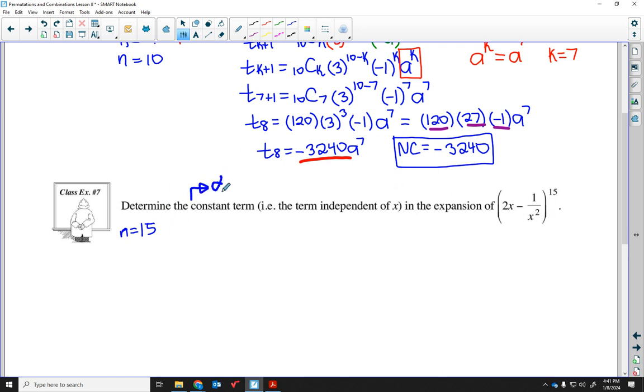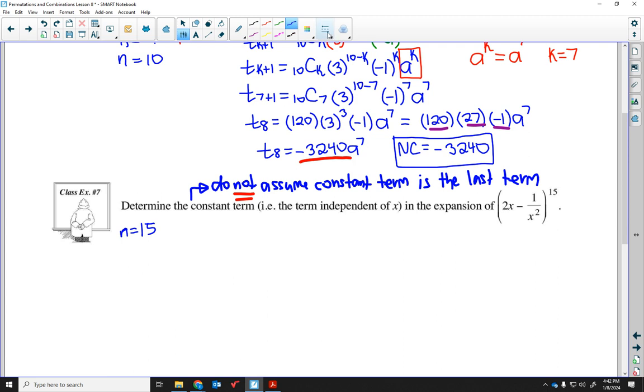Do not assume the constant term is the last term. So be very careful about this.